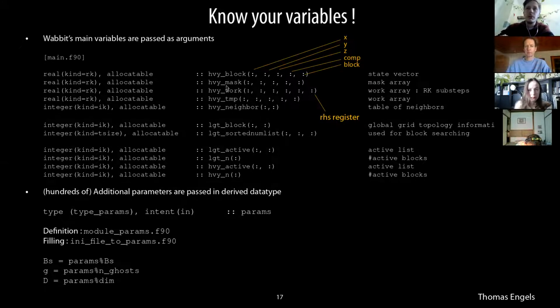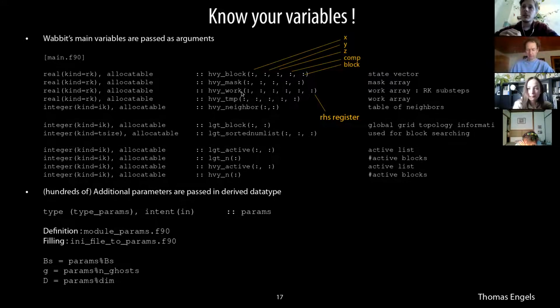Now, you have a few more of these arrays. You have heavy mask, which is unfortunate that you have it, but it's like that. I will explain a little bit later why you have it. This is used for the volume penalization. It is the mask function used to encode the geometry. In the videos that I showed in the very beginning, it's the fly. You have heavy work, and this again is an unfortunate name, but sometimes first choices are not always so very good.